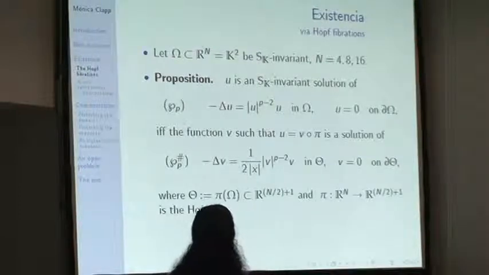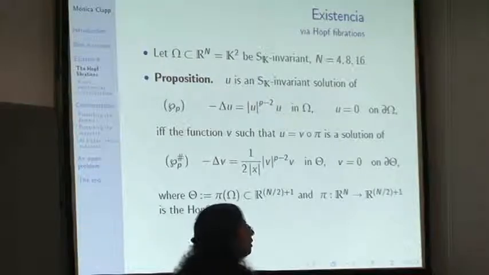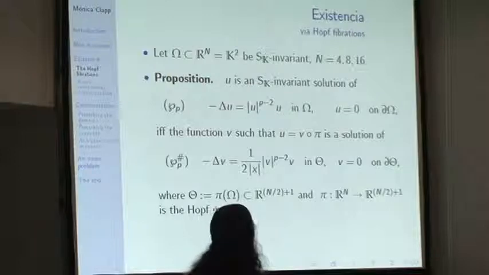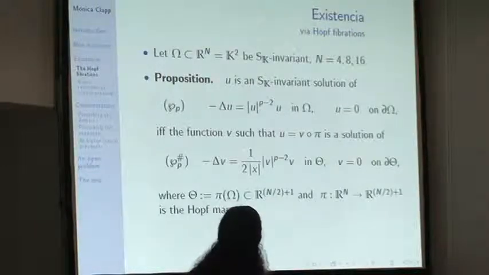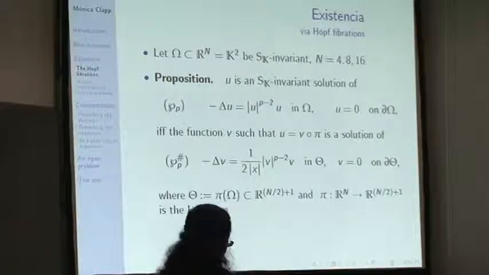So this is one way of obtaining a reduction. And the nice thing about the Hopf fibrations is that they do not change the left-hand side. They keep the Laplacian. Of course, here we will have a function multiplying our nonlinearity.